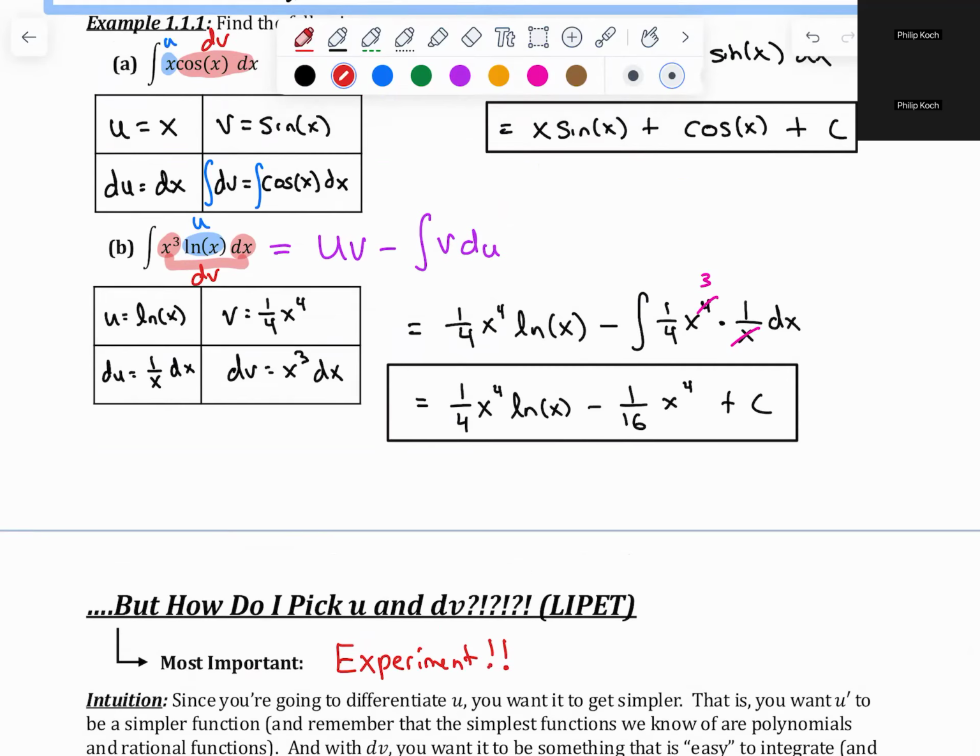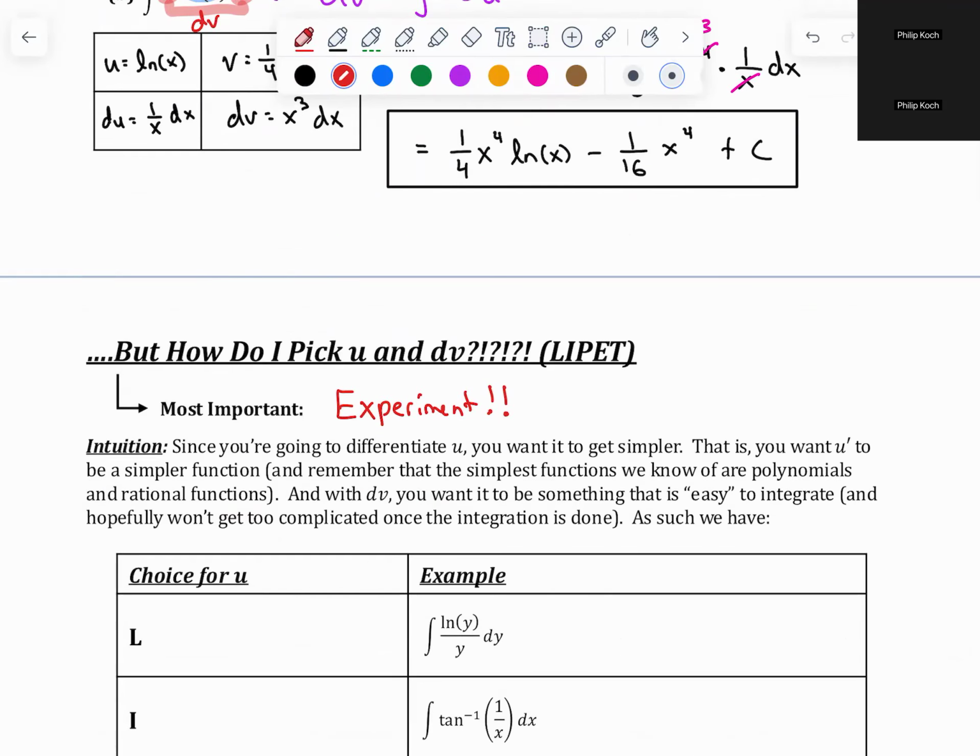Nicer to work with. And next, because we're going to be trying to integrate dv to get v, we want dv to be something that is easy enough to integrate and that hopefully won't get overly complicated once the integration is done.